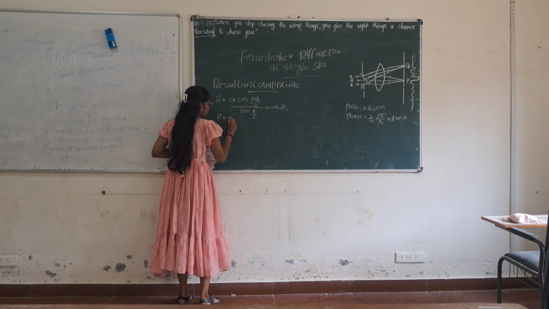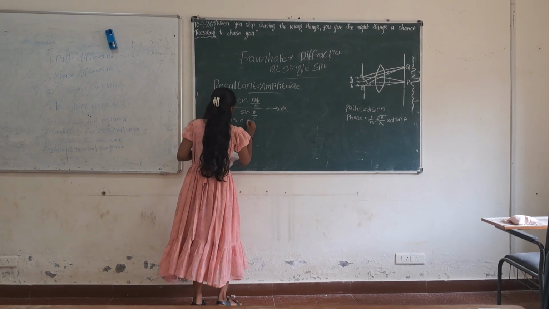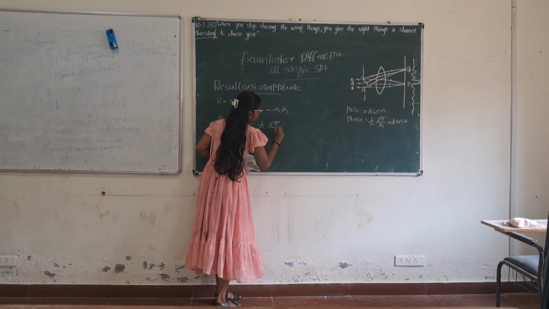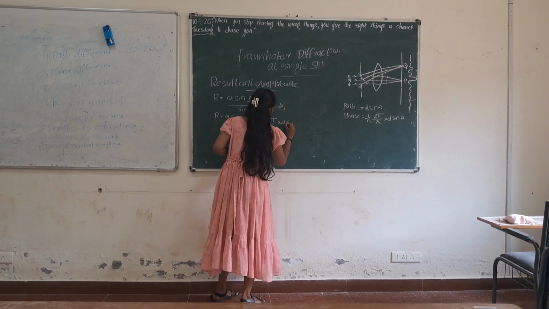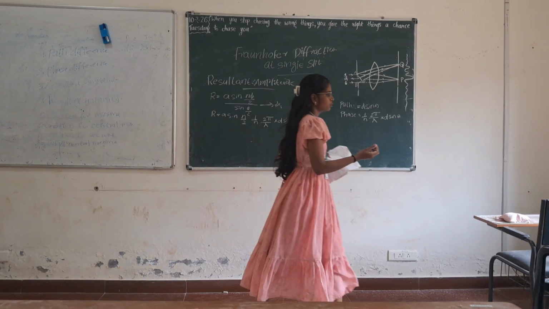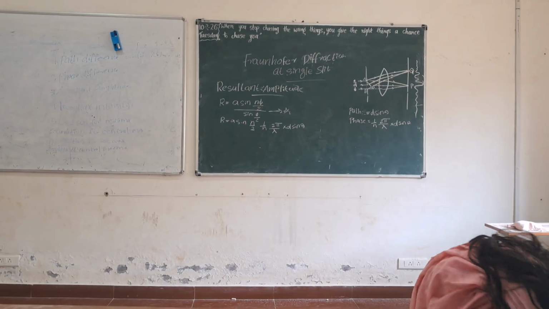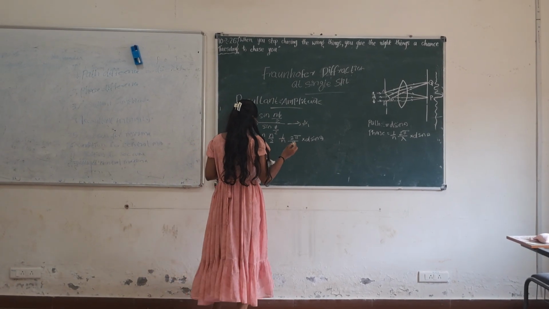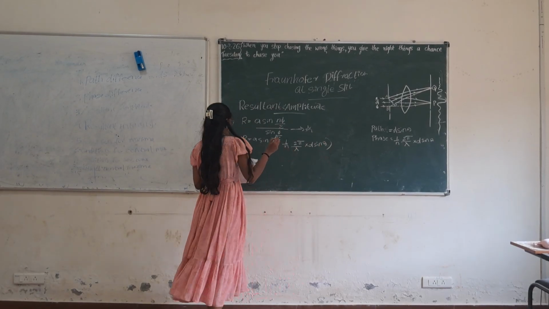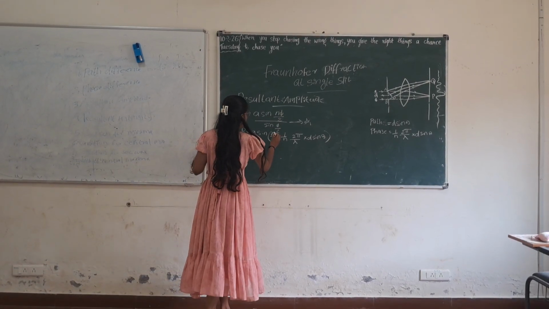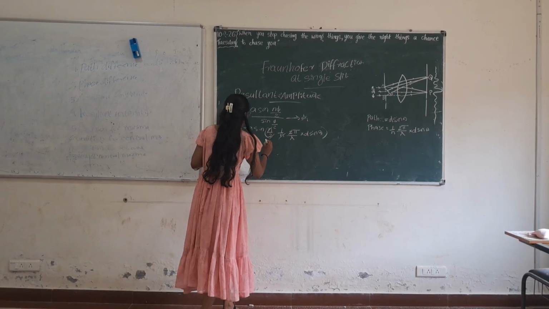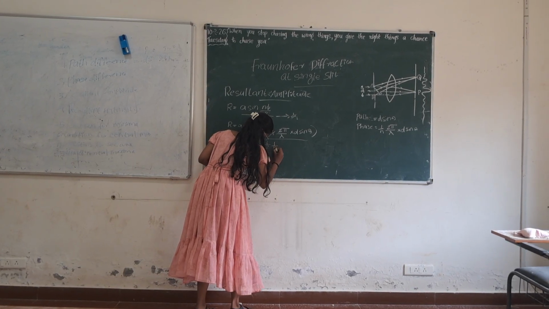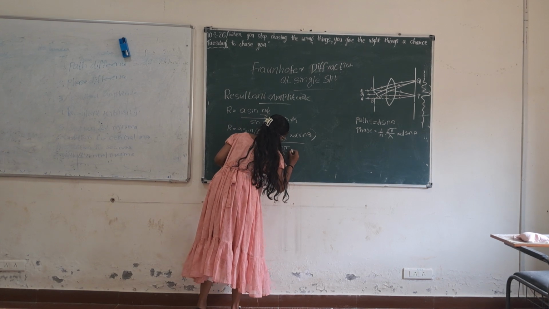So R is equal to A sin of n by 2 into 1 by n into 2 pi by lambda into d sin theta, all divided by sin of 1 by 2 into 1 by n into 2 pi by lambda d sin theta.